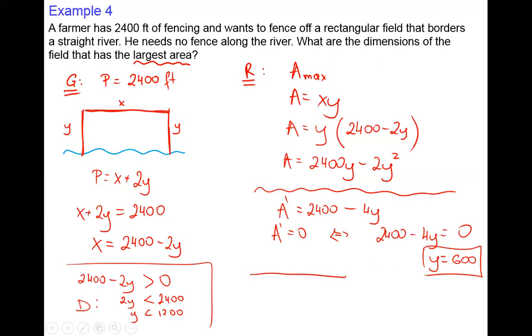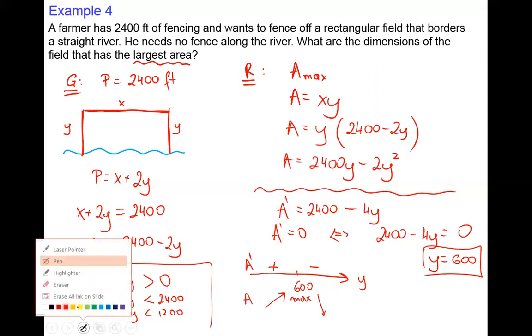But let's check if this is y equals 600. Let's check the sign. I can put maybe 0, I will have positive, and if I put bigger number than 600, this will be negative. That means the area behaves like that, increasing, decreasing, and it is maximum. That means when y is 600 the area attains maximum. And we have to find not the maximum area, x times y, we have to find just the dimension.